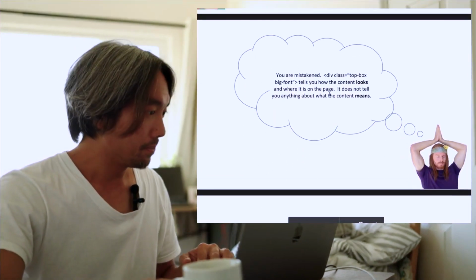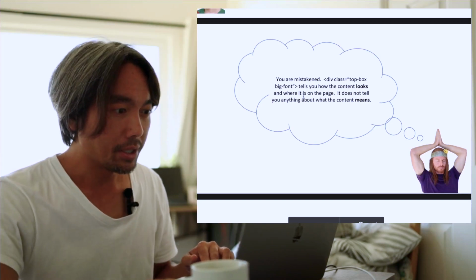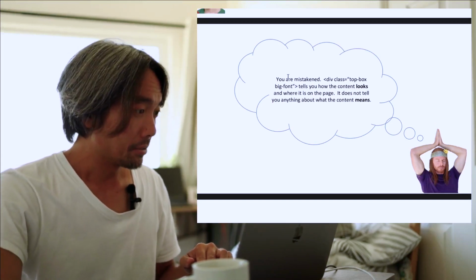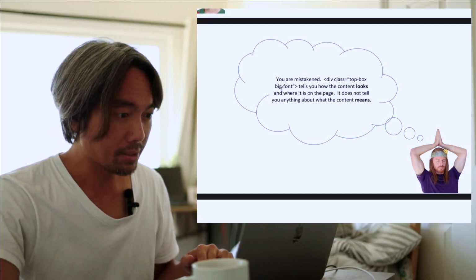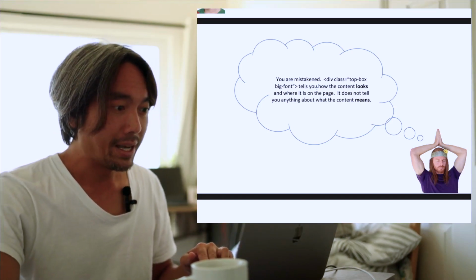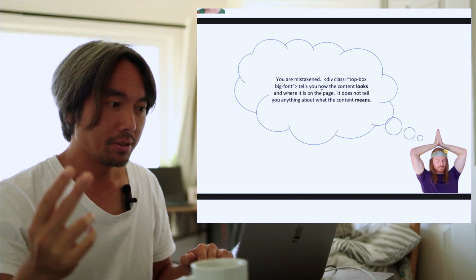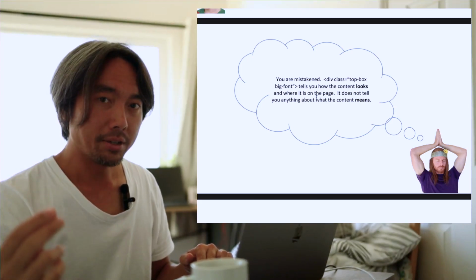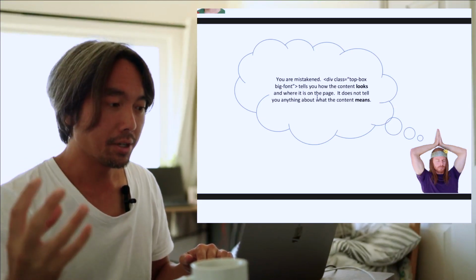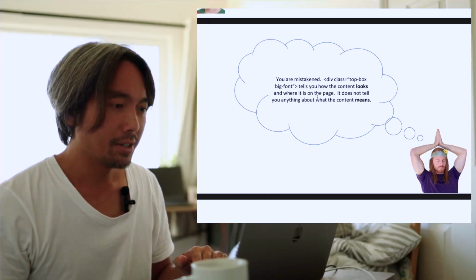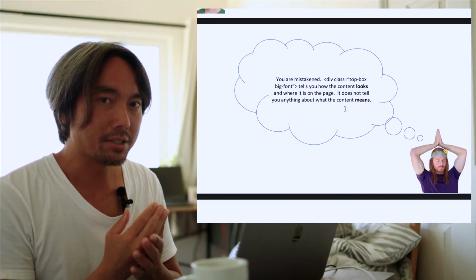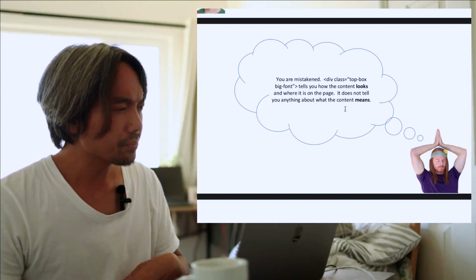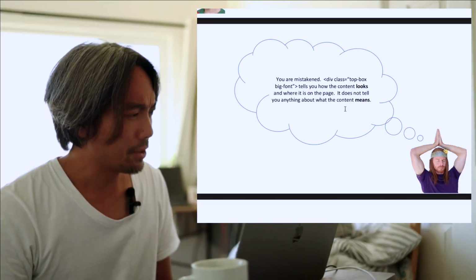So, of course, the guru here says, ha ha ha, grasshopper, you are mistaken. Div class top box big font tells you how the content looks. Okay, where it is on the page, how big is it, how does it look? It tells you how it looks, but it doesn't tell you what the content actually means. So notice the minute differences there.